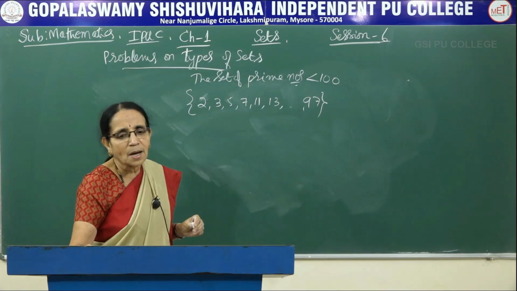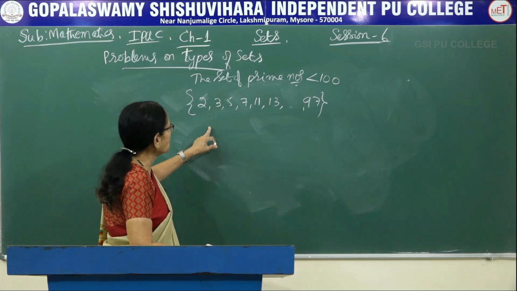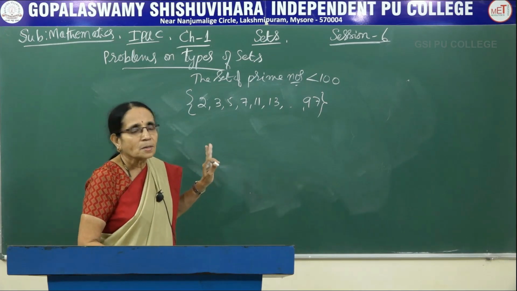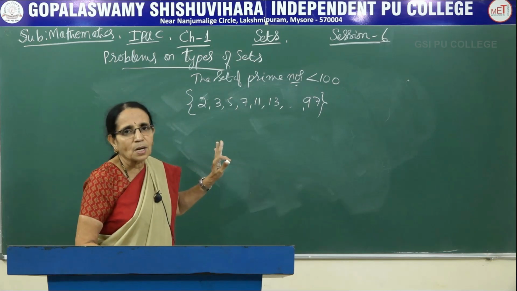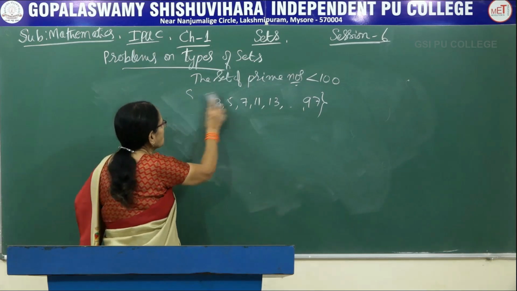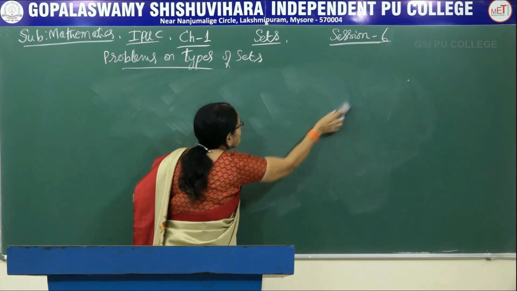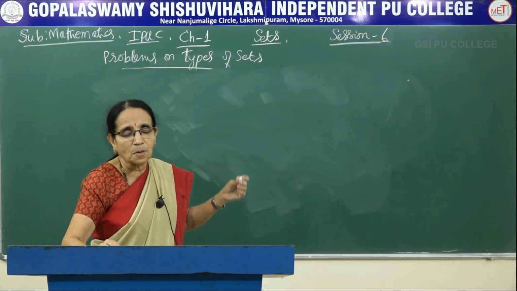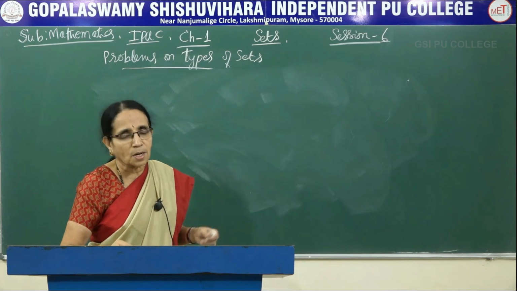So it becomes a finite set. So you have to write the reason it is a finite set. What is the reason? Since we know the exact number of elements present in the given set. So read the statement properly, which is given in the set builder form. Read it properly, then you can write.